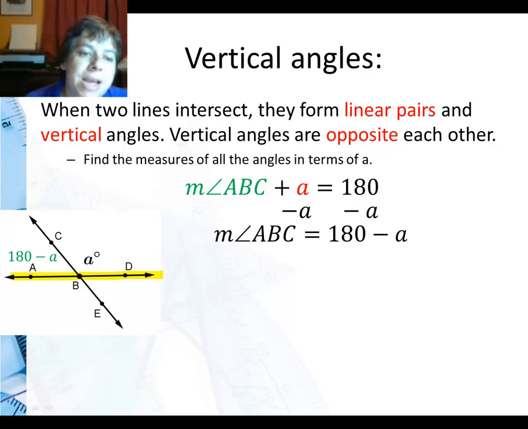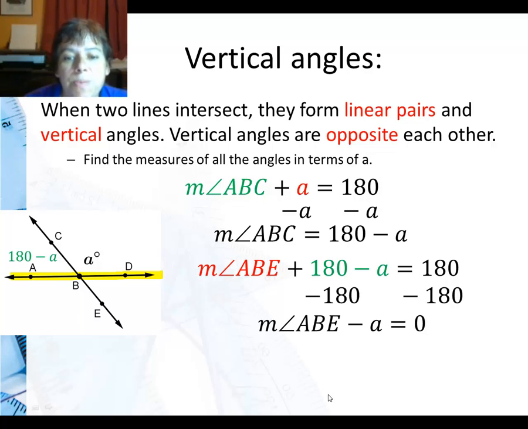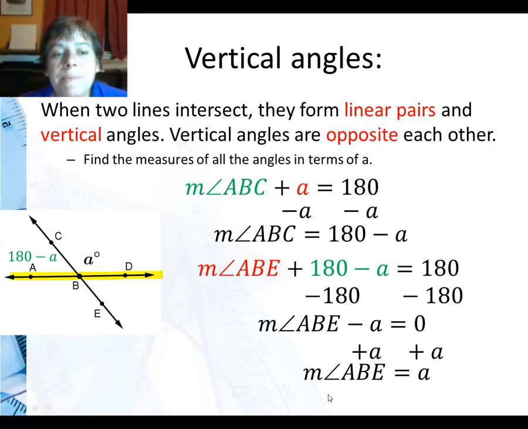Now I'm going to try the same thing with this angle ABE here. So the measure of angle ABE plus this angle has to be 180. I'll subtract 180 from both sides, and then I get measure of angle ABE minus a is 0. Add a to both sides, and I get the measure of angle ABE is a. So that's also a degrees.